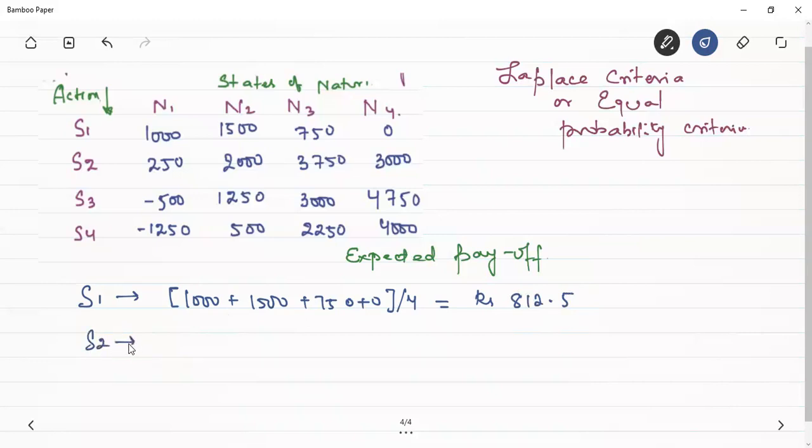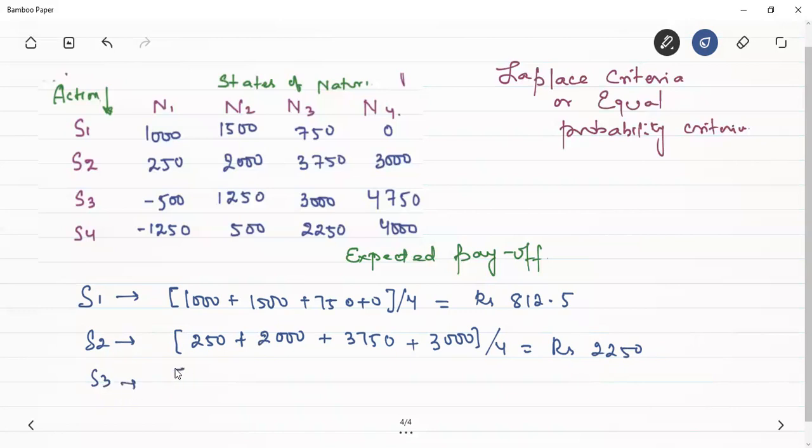For the second course of action, the expected average will be equal to 250 plus 2000 plus 3750 plus 3000 divided by 4. So this will be equal to rupees 2250.